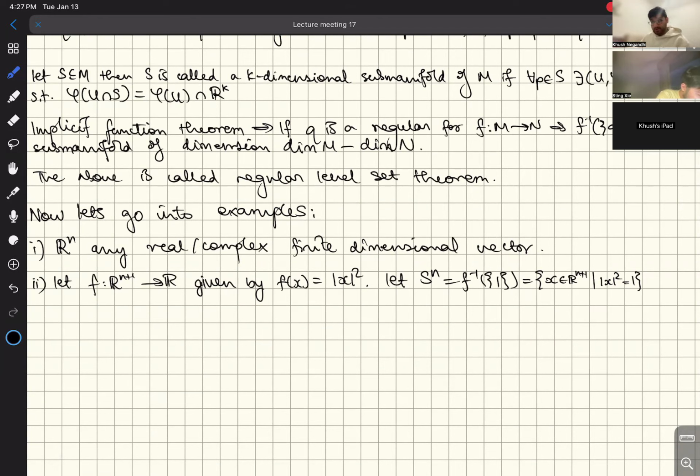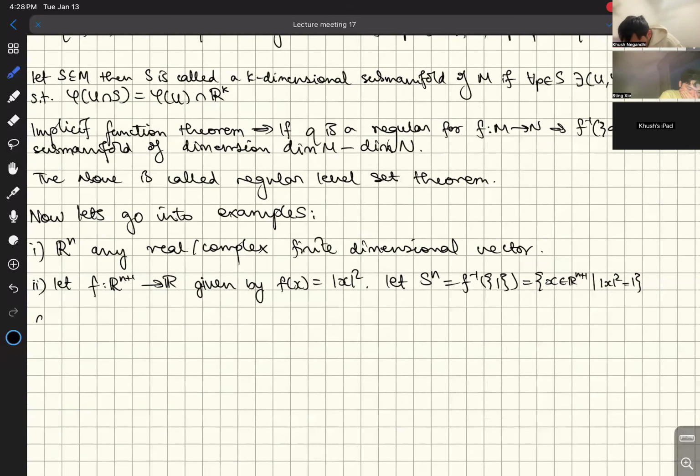But this is another way you could do it. Now we have to show that for every point p in the level set, df_p from T_p R^(n+1) into T_1 of R is surjective. We have to show this.